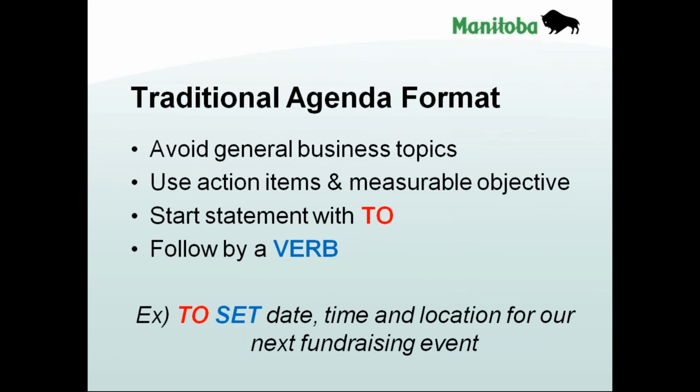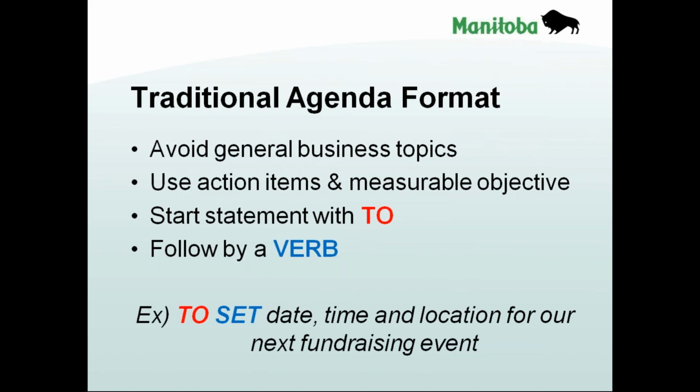Another way to make traditional agendas more effective is by replacing titles or topics listed under new business with action items that include specific, measurable objectives. Here is a simple guide to writing these types of action agenda items. Start each sentence with "to" and follow with a verb.